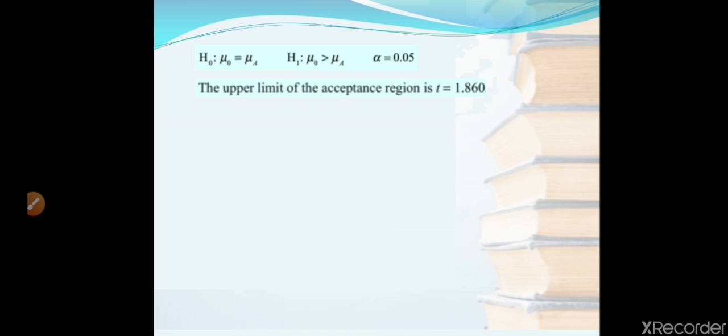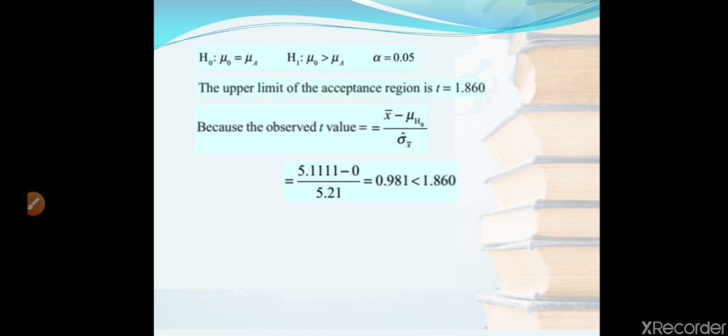From the table of t distribution at alpha equal to 0.05 for a one tail test, we can find the value of t as 1.860, and the observed value of t is x bar minus mu H naught upon sigma x bar. That comes out to be 0.981. So 0.981 is less than 1.860. So it is in the acceptance region, and we do not reject the null hypothesis.